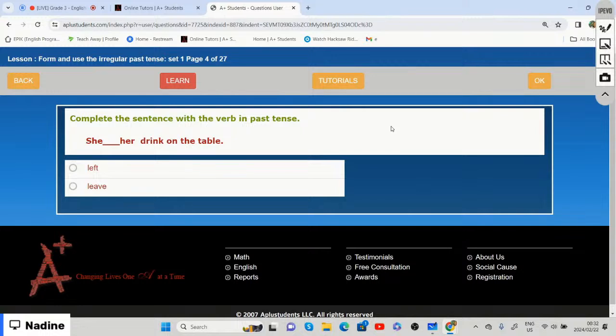Do we say she left her drink on the table, or do we say she leave her drink at the table? We need to choose the irregular past tense.